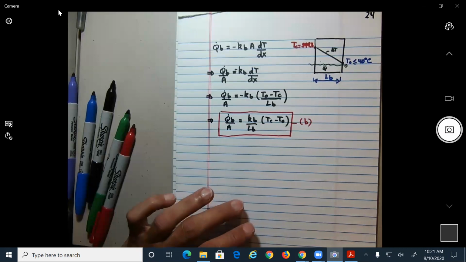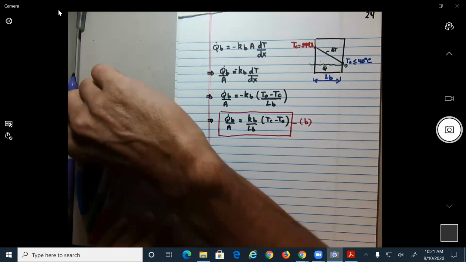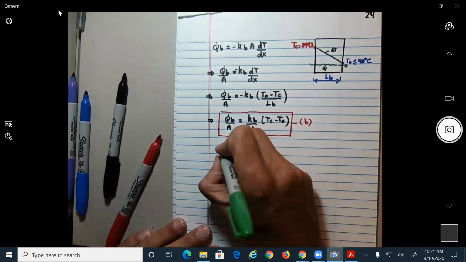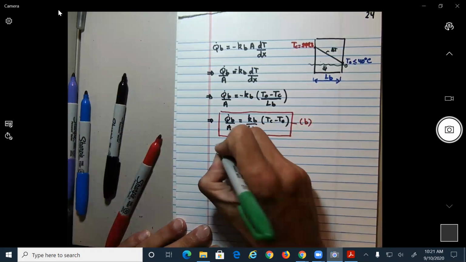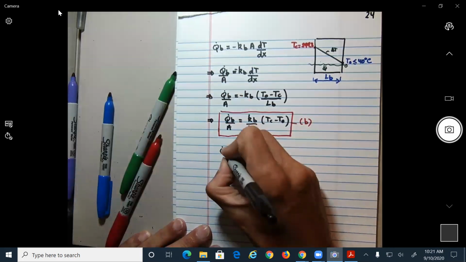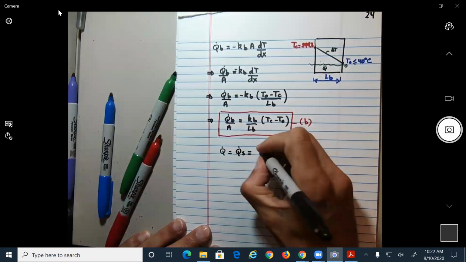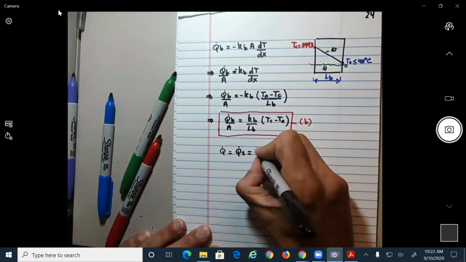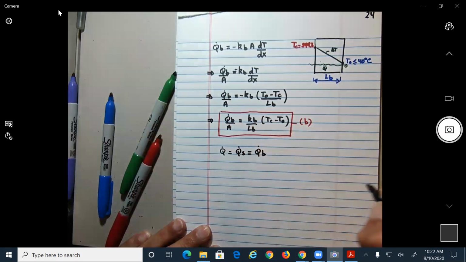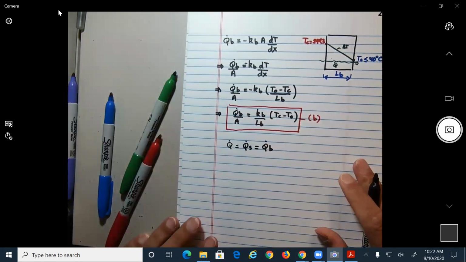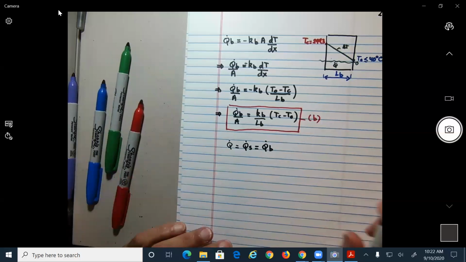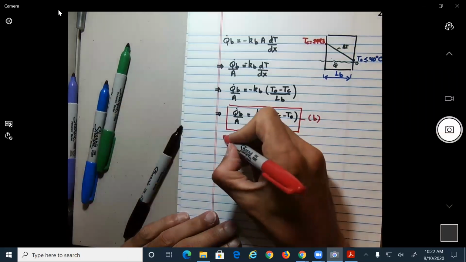So in that case, what do you know? You know that, this is the important equation, Q equal Q of the steel equal Q of the brick. Okay, so this is the equation I want to see in an exam.